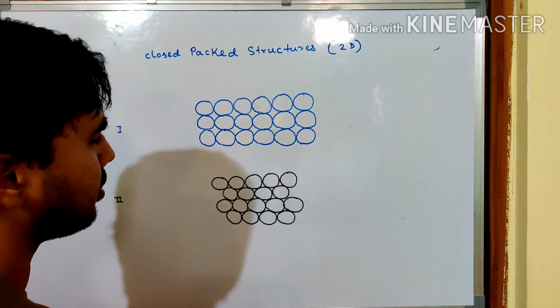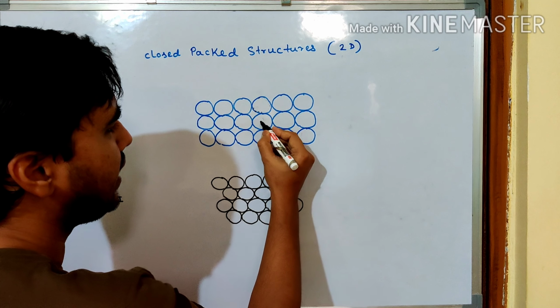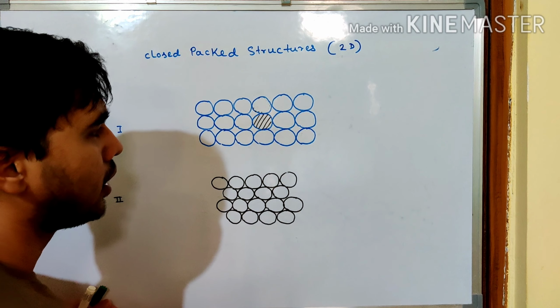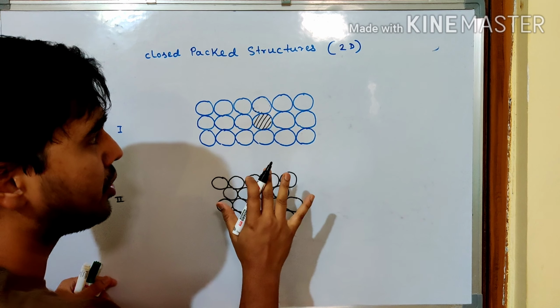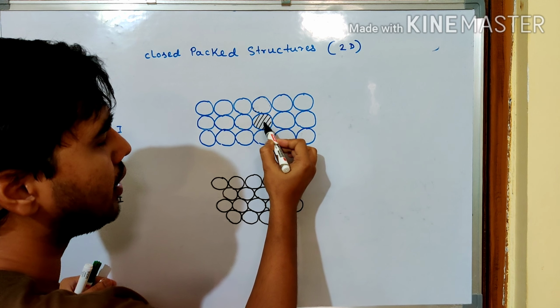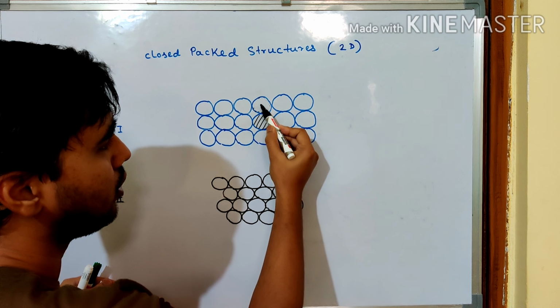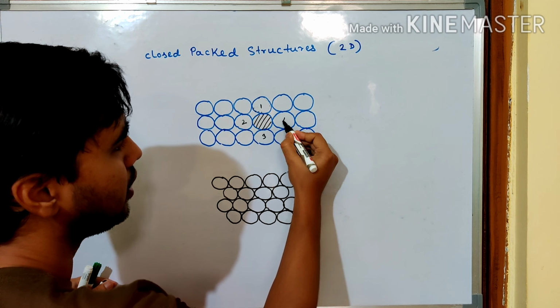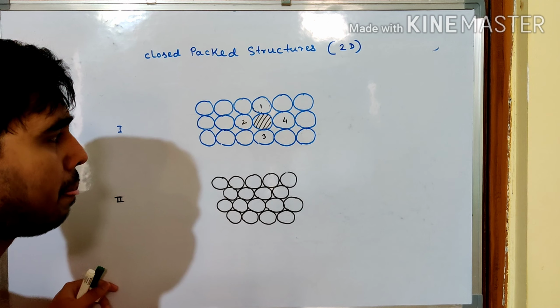In the first arrangement, if we take any atom, say this one, under consideration, in 2 dimensions, if we figure out how many atoms are directly in contact with this, it will be 1, 2, 3 and 4, right?